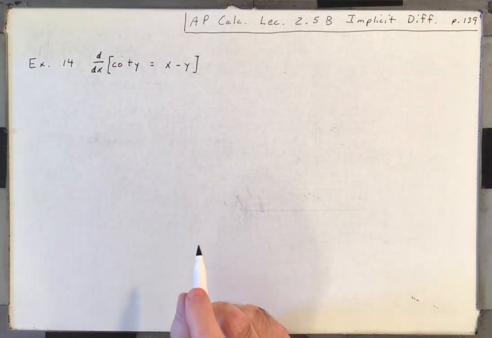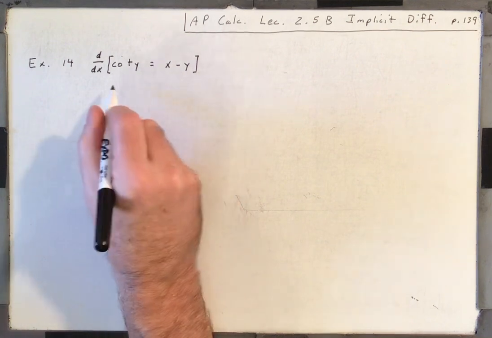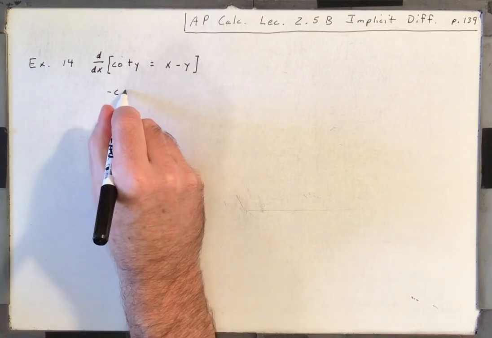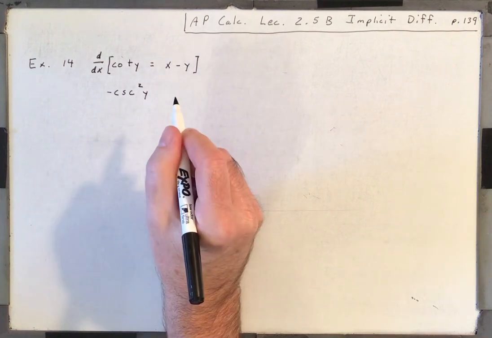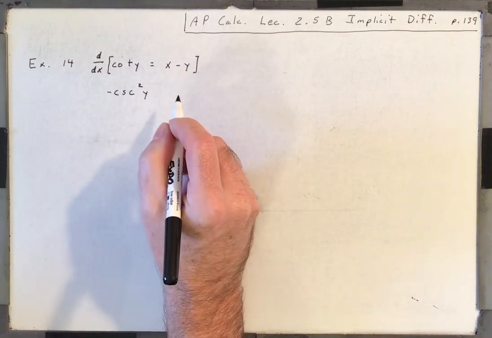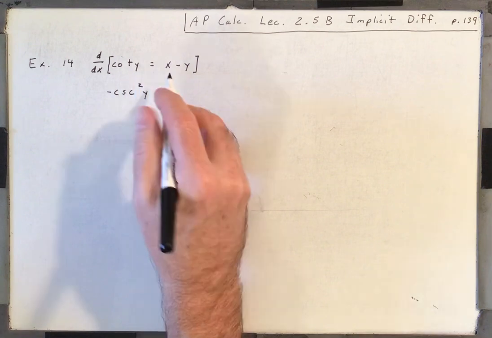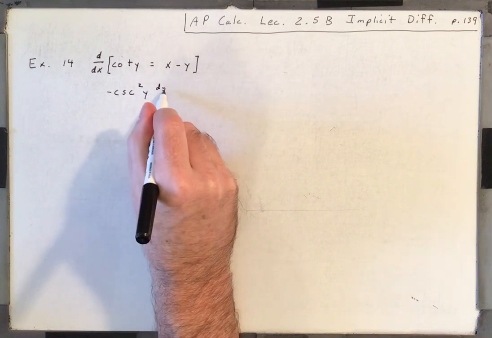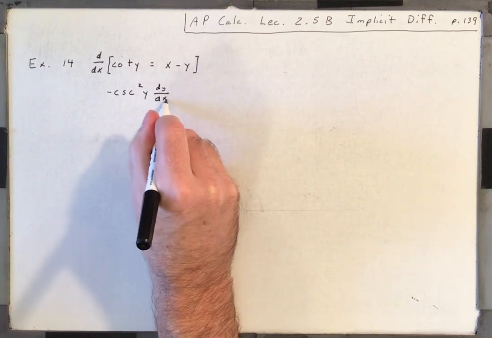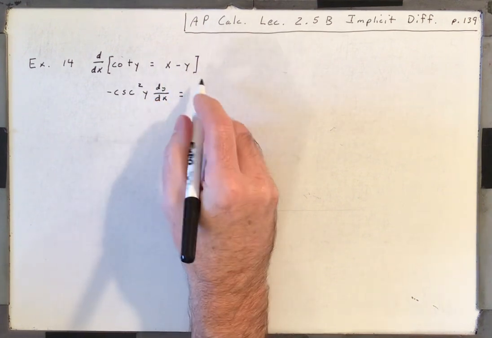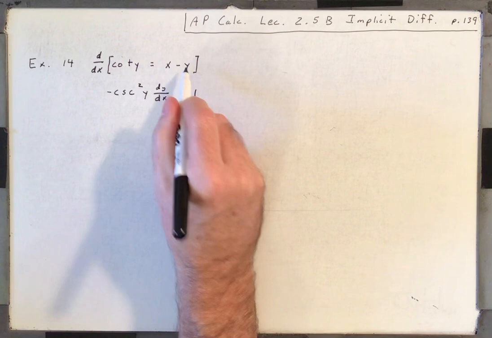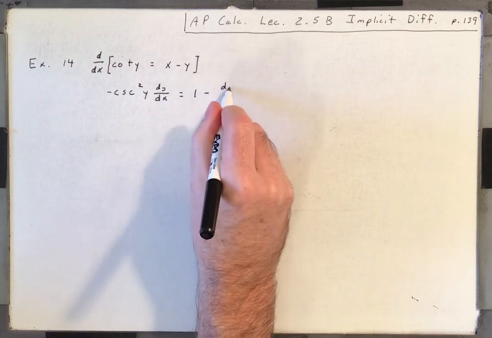All right, what's the derivative of cotangent? It's minus cosecant squared y. But don't forget what? The derivative of y now is dy dx. Easy thing to forget. What's the derivative of x? It's 1. And the derivative of y is dy dx.